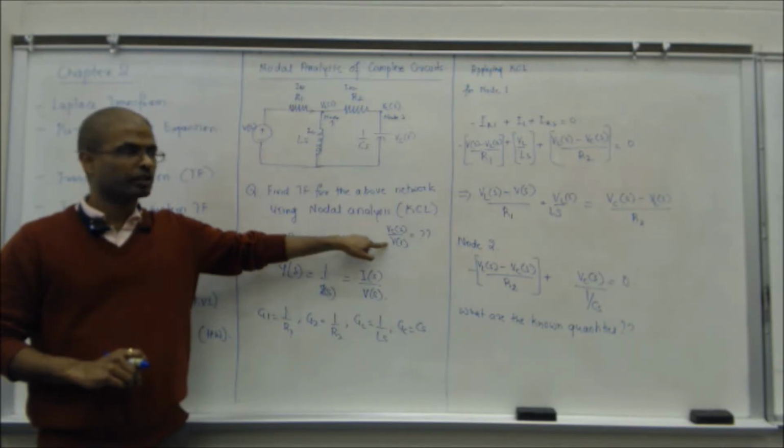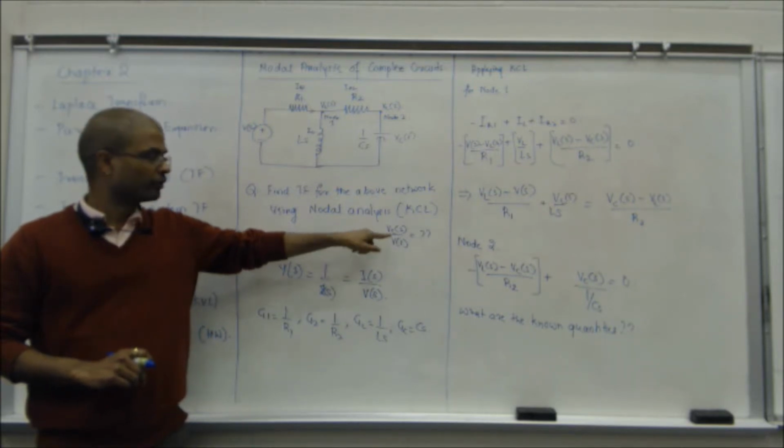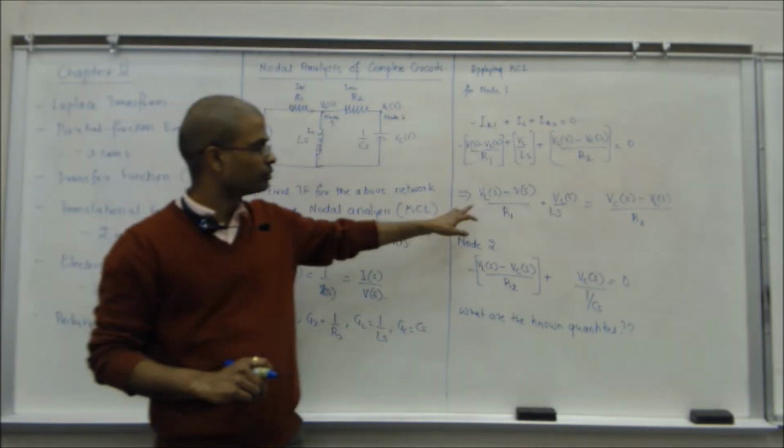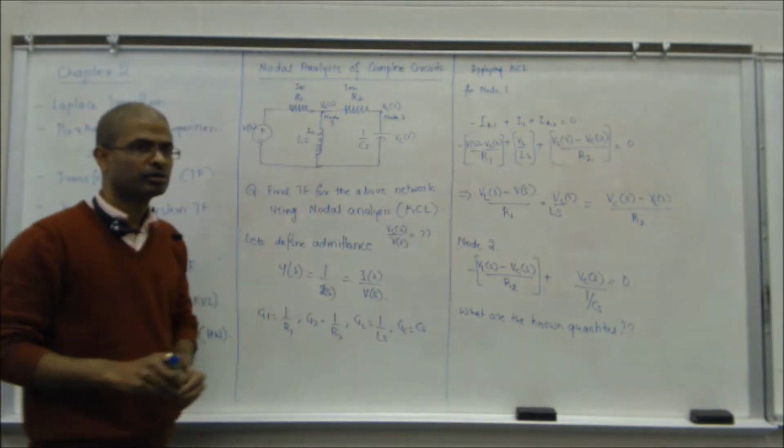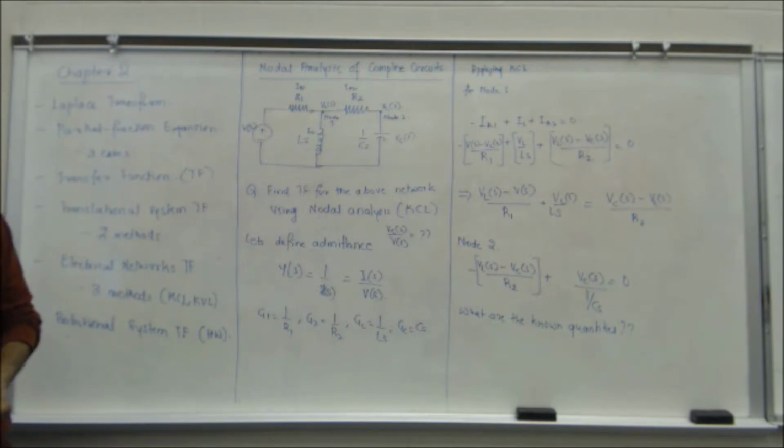When you're trying to find the transfer function, the transfer function has to be in terms of all known quantities. It cannot contain an unknown quantity. So we have to somehow get rid of VL of S. Can we get rid of VL of S? How do we get rid of VL of S?